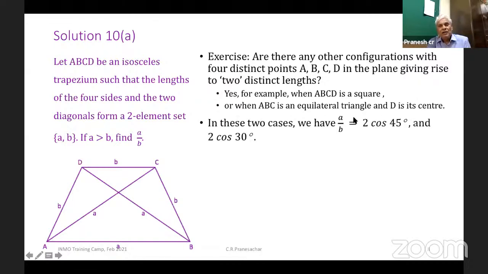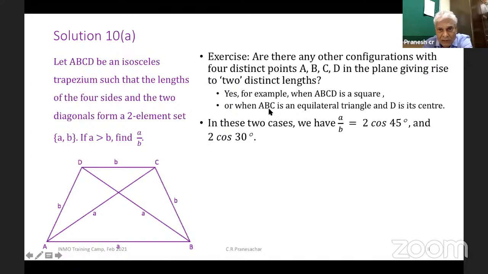See, the 4 points need not always form a quadrilateral. They can form a triangle also. The 4th point can lie inside the convex hull of the other 3 points. So you see that if ABC is an equilateral triangle and D is its center, then also there are only 2 distinct lengths, because the sides of ABC are all equal.